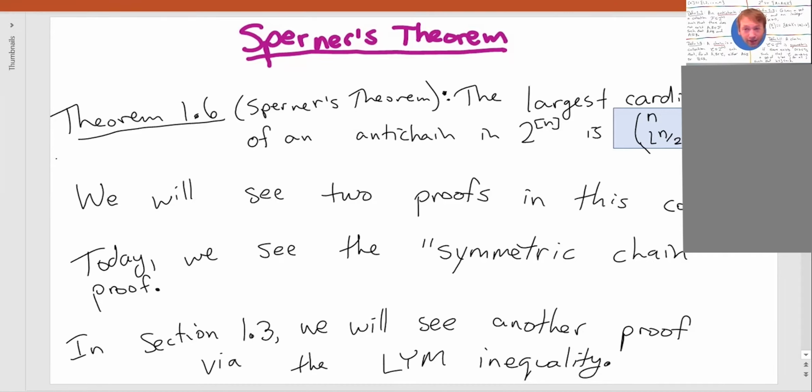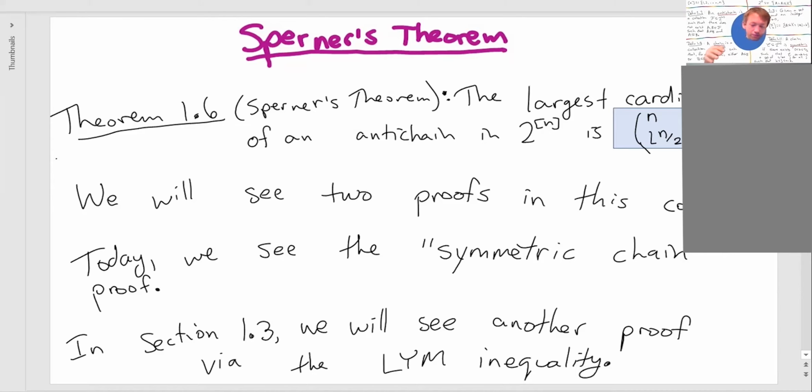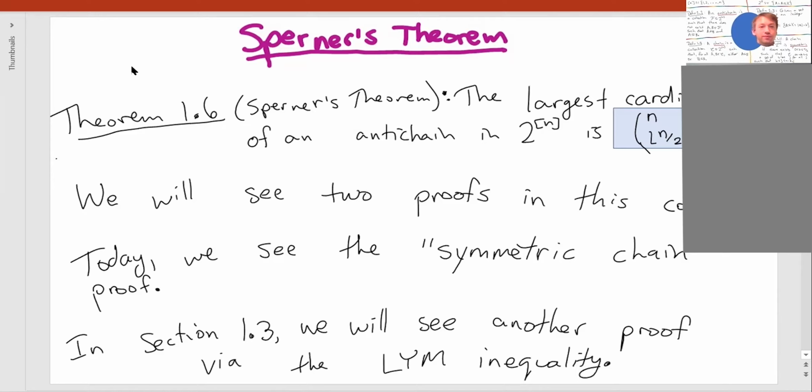So this thing, where we took all the sets to be the same size, is actually optimal. And this isn't trivial, because there's no obvious reason why this should be the case. In theory, you could take sets of all different sizes, and maybe that would do better. But it turns out the best thing to do is to take the sets to be the same size.